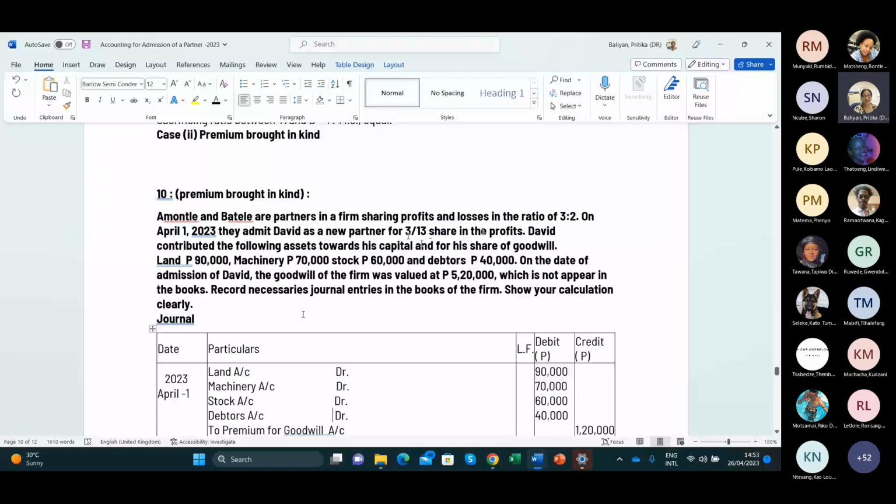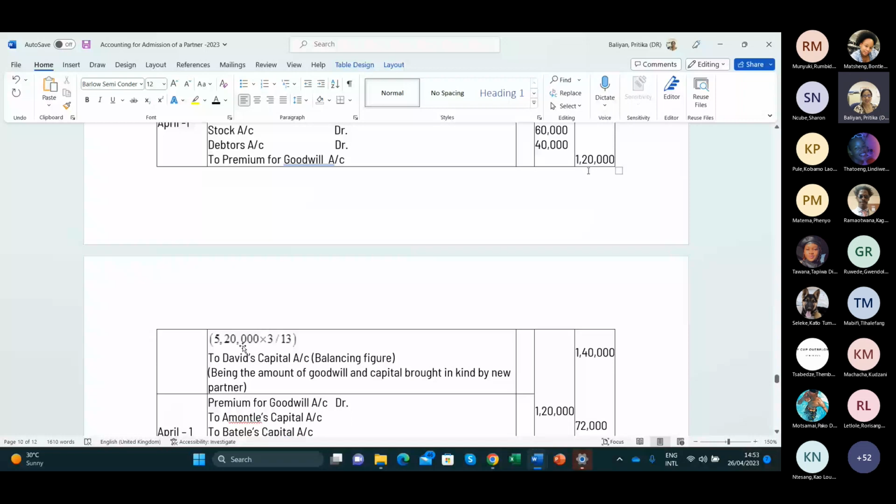So how much is 3/13 of 520,000? You just calculate 3/13 of 520, which gives 120,000. So the balance will be the capital of David, 140,000, because the total amount he invested is 260,000. If the goodwill is 120, then obviously the capital will be 140.